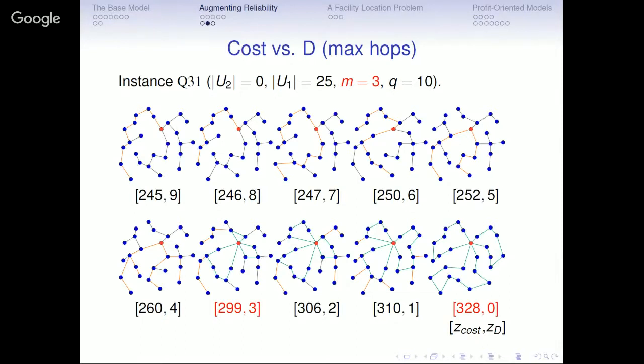That's the good thing. And then from here on, we can proceed and see that if we really want to minimize that secondary objective as well as we can, then we have to pay 328, which is significantly more than the 245 if we wouldn't care about this objective. But we end up with a solution, as expected, which is purely ring-based.